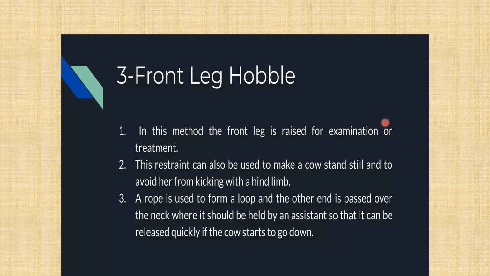So the rope should be used from a loop, and the other end is passed over the neck, where it should be held by an assistant, so that it can be useful to the vets.